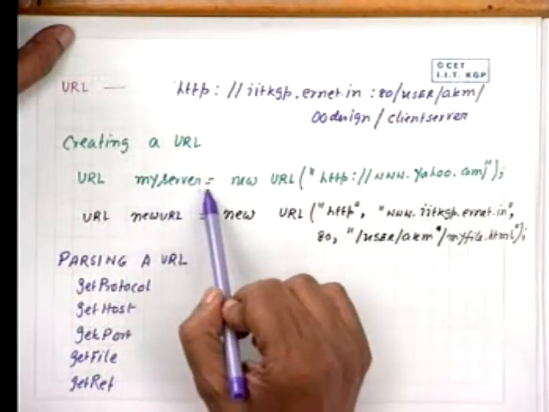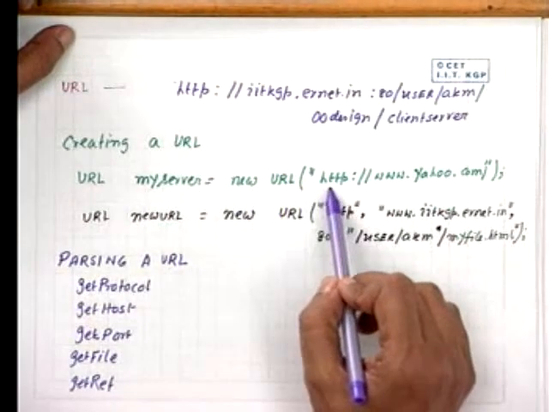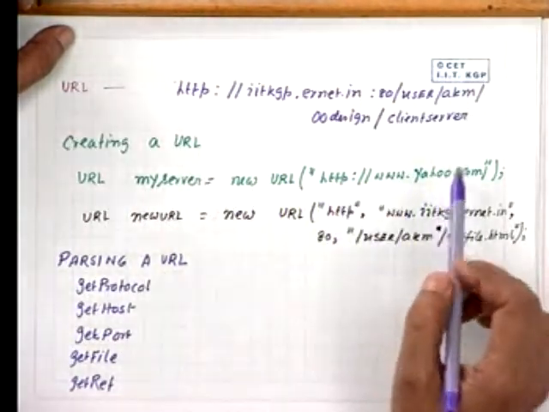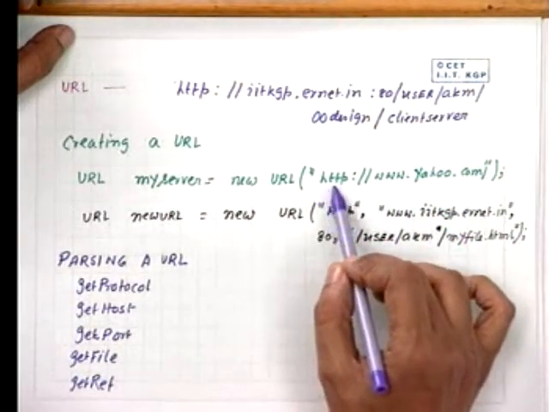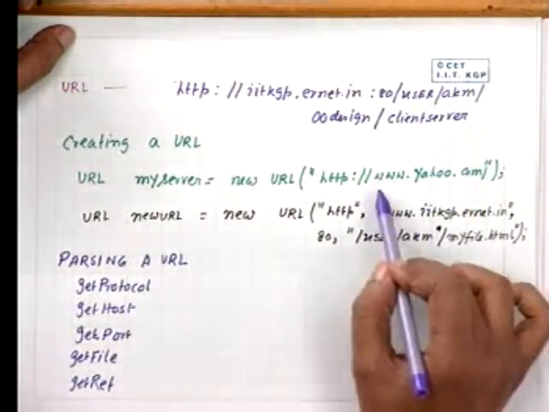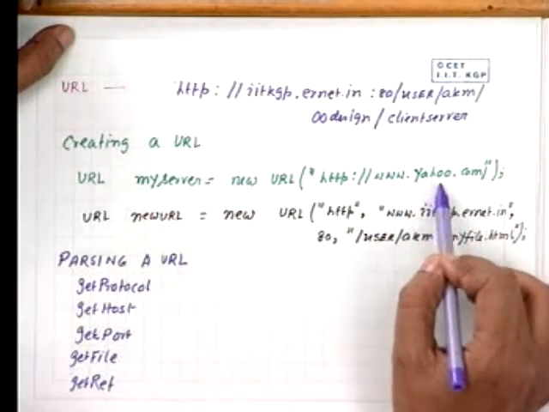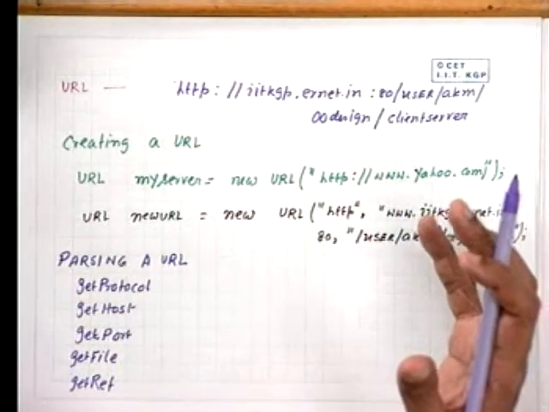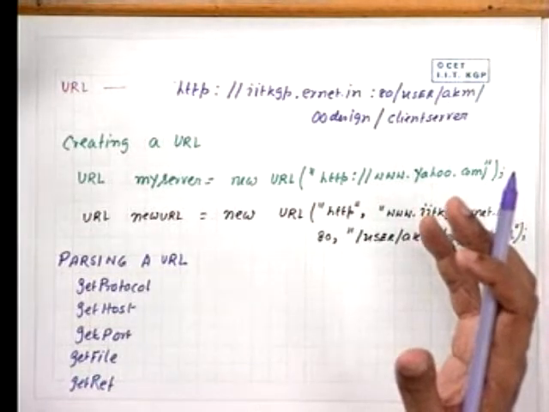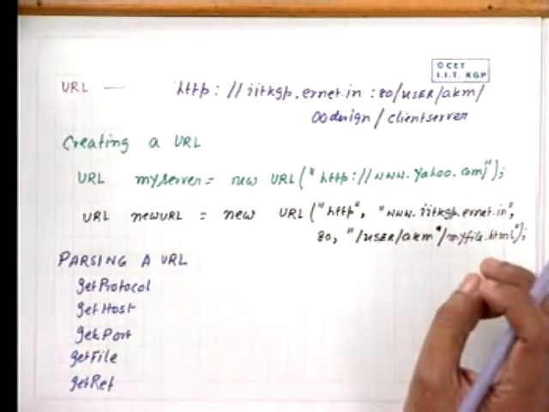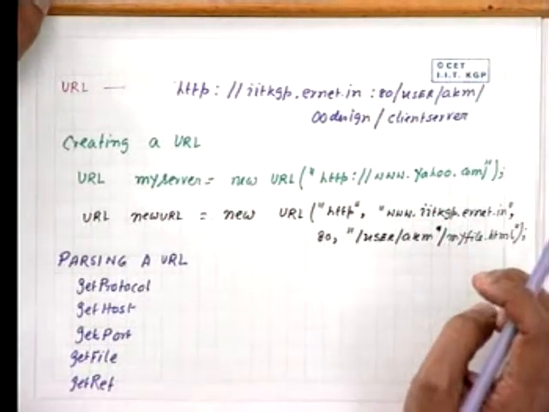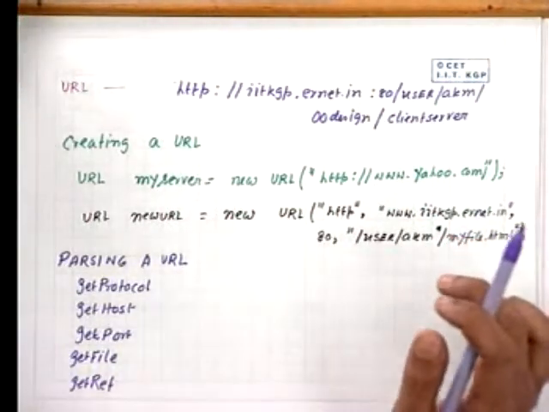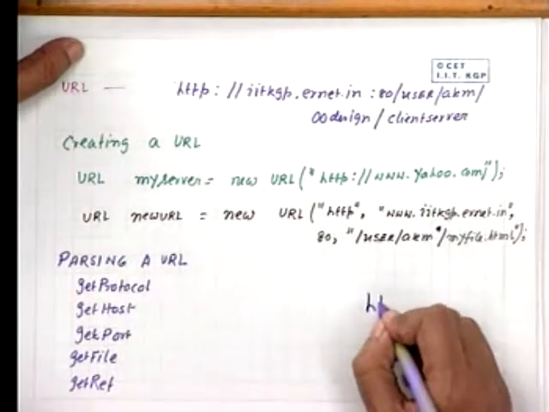So my server, for example, is new URL with the location of the server. This is my server, specified as a uniform resource locator, and this is my HTTP server, so the pages will be in HTML, that is, hypertext markup language, documents prepared using the HTML language.